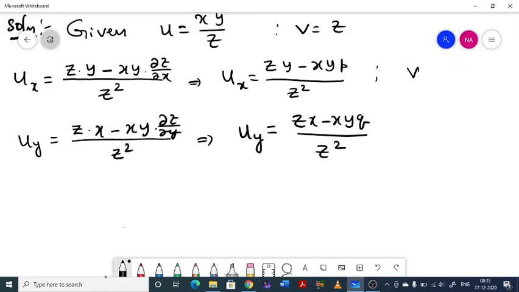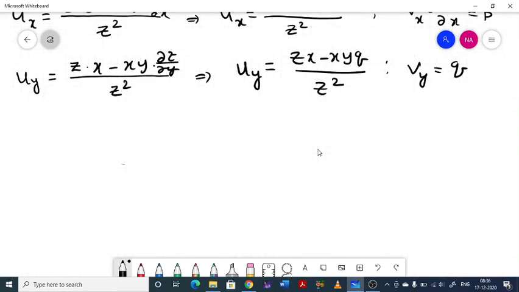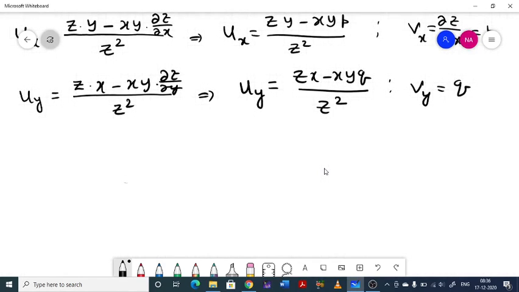Now Vx: you have v equal to z, differentiating that with respect to x partially, you get dou z by dou x. That is Vx equal to p, and similarly you can check Vy equal to q.